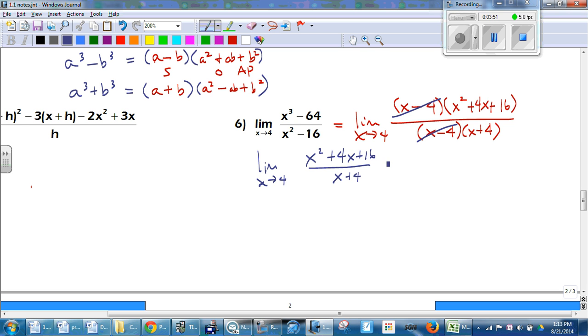Now we can use direct substitution. If we put 4 in there, we're going to get 16 plus 16 plus 16 all over 8. So we get 48 over 8, which is just 6.